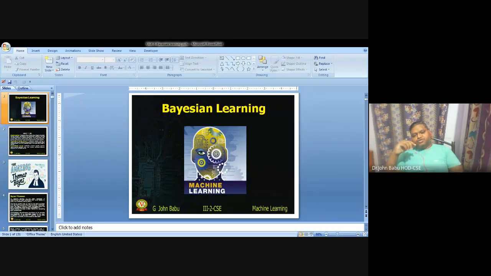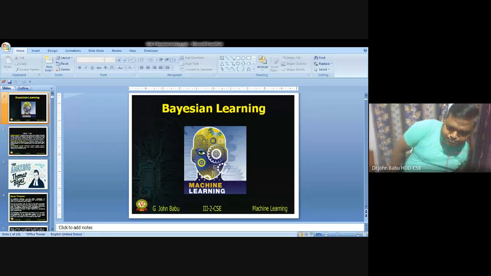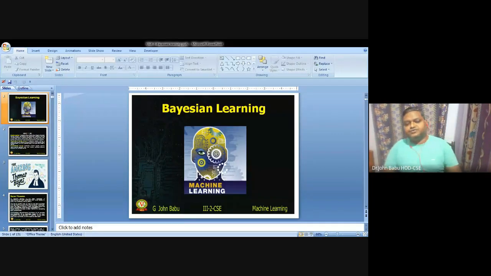So we have seen what is Find-S algorithm, what is candidate elimination algorithm. Then we have seen decision tree algorithms to find a suitable hypothesis for a given input and output data.